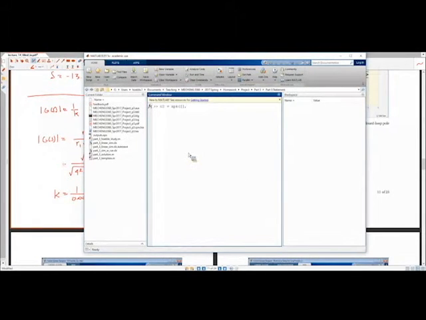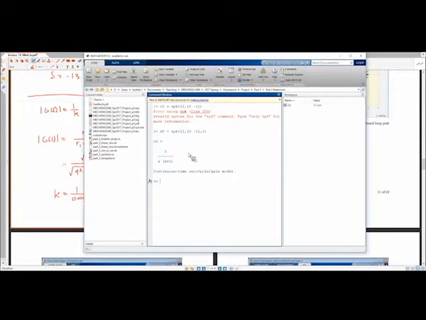Then we have a pole at 0, a pole at -1, and no gain to the system. It does not like the command ZPK. Oh, I'm missing the gain. Thank you. All right, there we go. So then this is our plant.